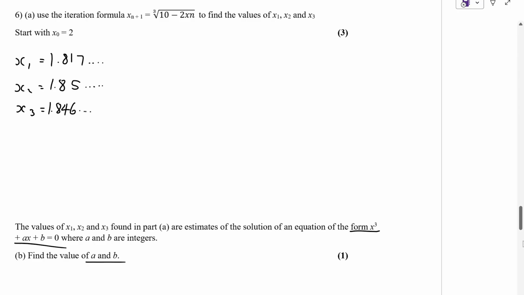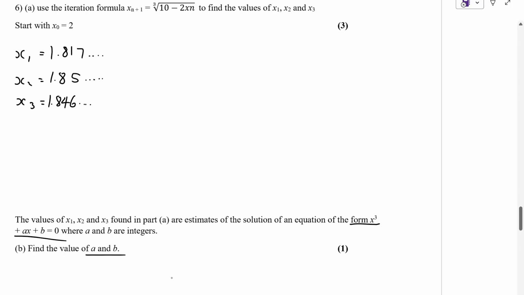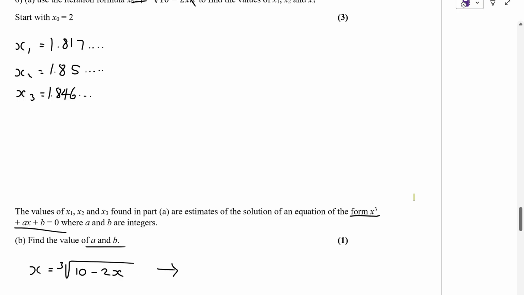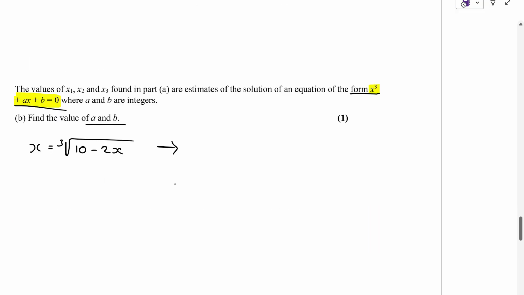rearranged version. So all we have to do is take this equation, and again I'm going to write it out, getting rid of this n plus 1. So x equals the cube root of 10 minus 2x. I need to rearrange that so it is in this form: x cubed plus ax plus b equals 0. First things first, we are cube rooting on this side. If we take it over, we will cube x.